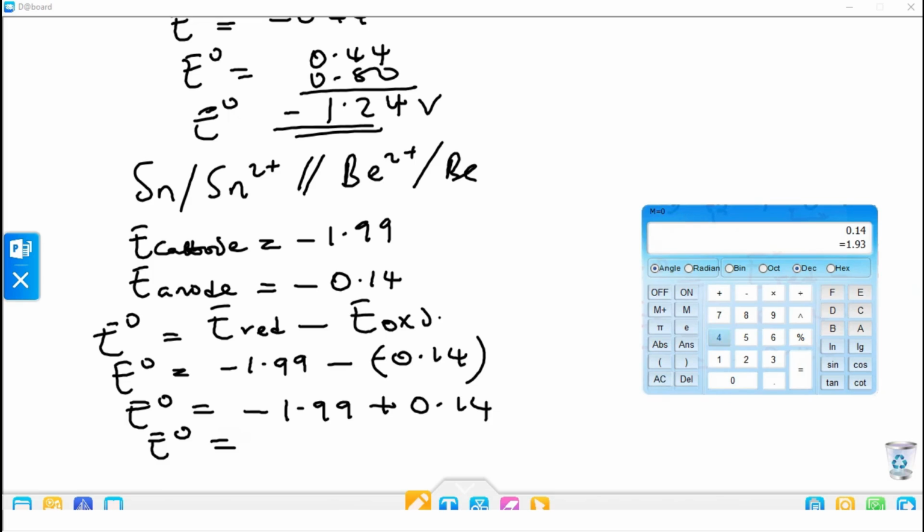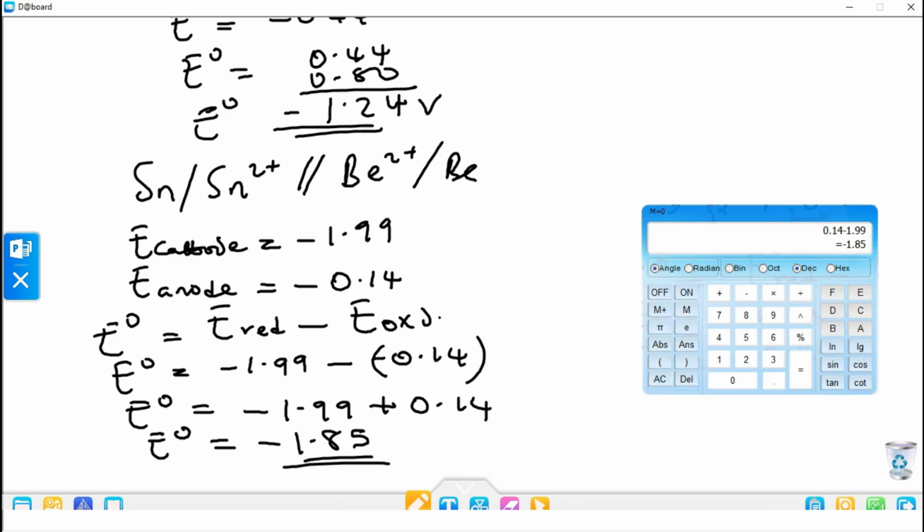This is giving us 0.14 minus 1.99. That gives us minus 1.85. So we have minus 1.85. We can see that since our E naught is negative, that cell isn't going to be feasible. That is to say, it's not going to be spontaneous.